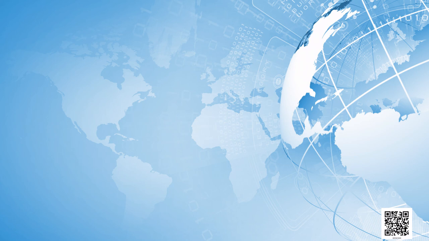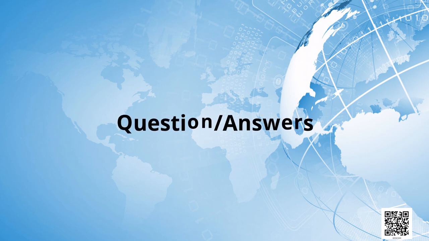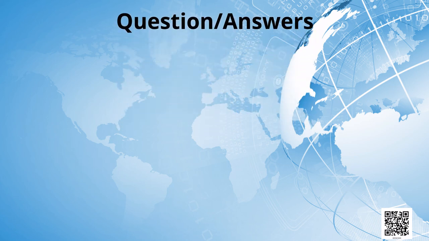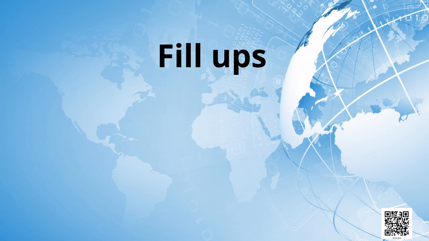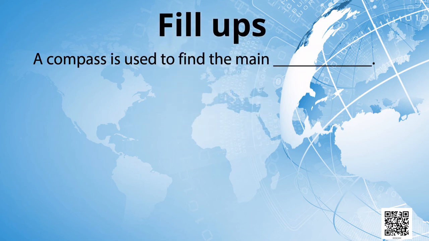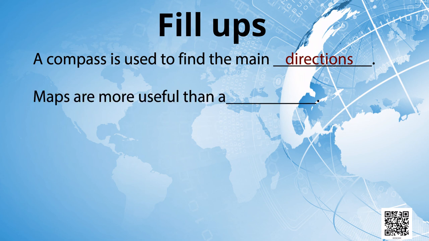So students, now we start our question answers. First, we do fill-ups. A compass is used to find the main dash. Answer is directions. Next, maps are more useful than a dash.